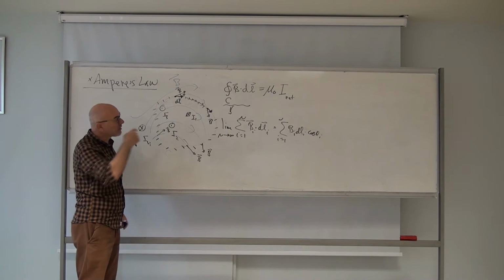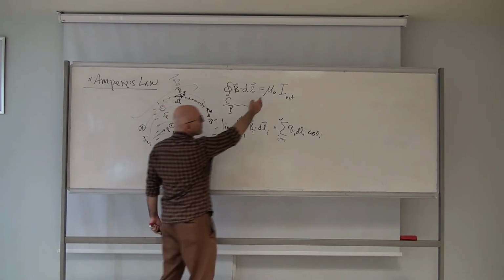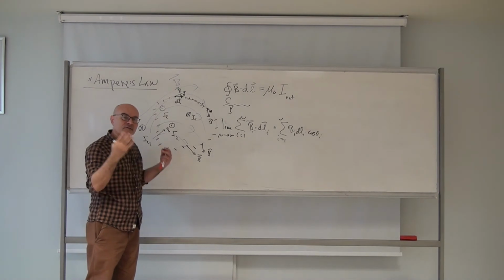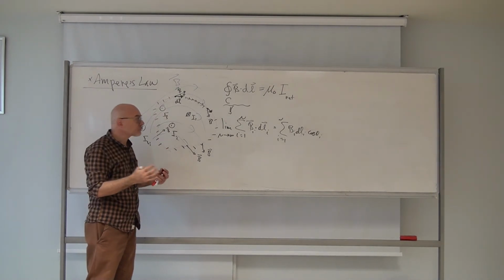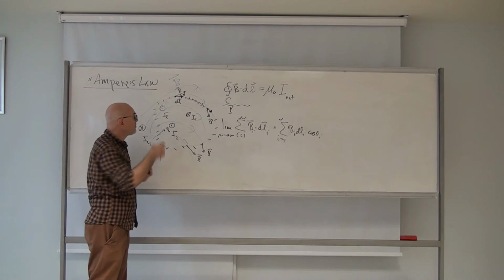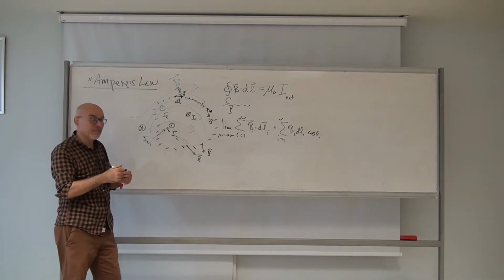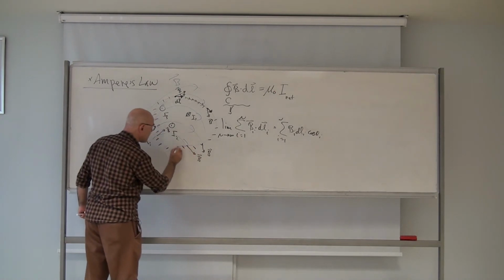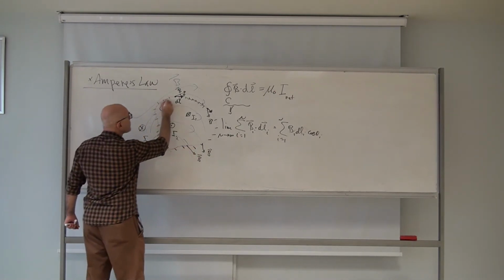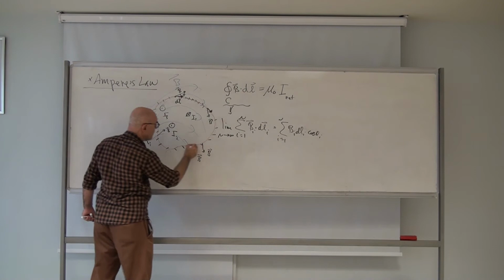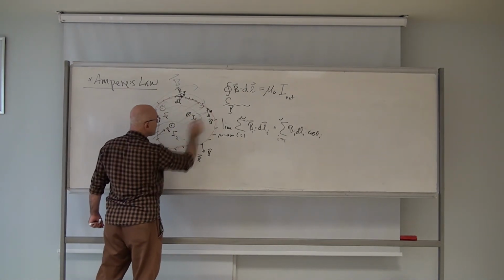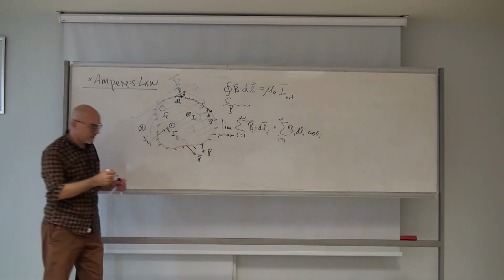Now, what about the right-hand side? Well, mu naught is mu naught. I net is the sum of all the currents that are piercing the plane defined by the loop or by the contour. In my case, the contour is this red line, and this is the area defined by this contour.